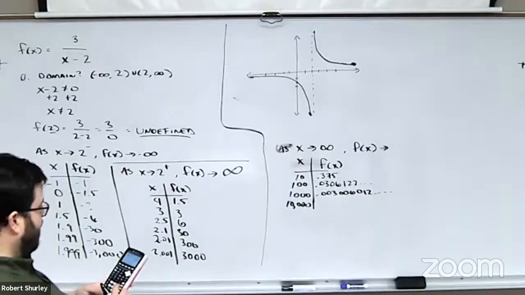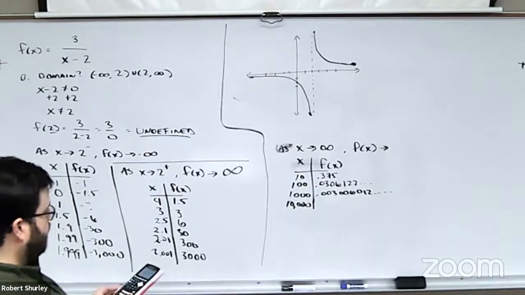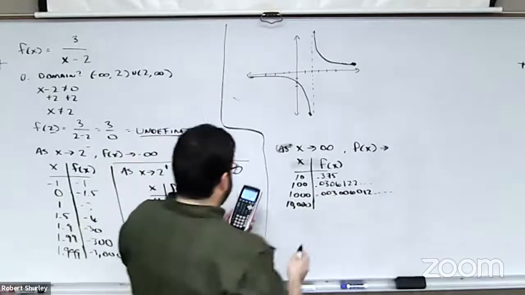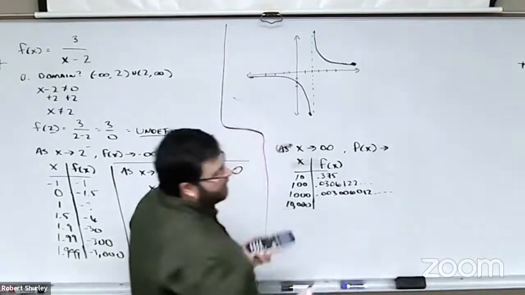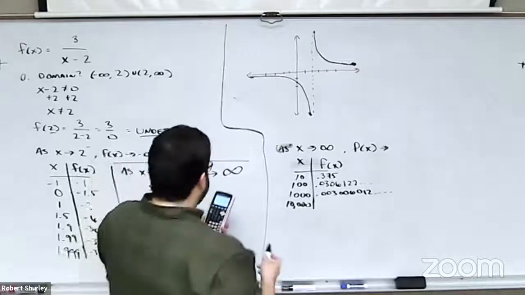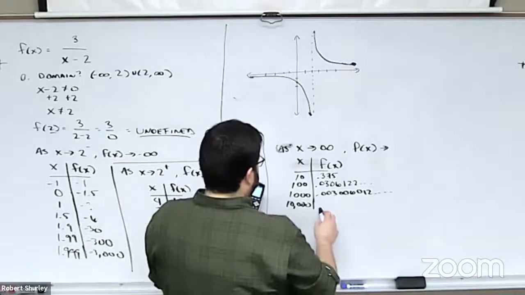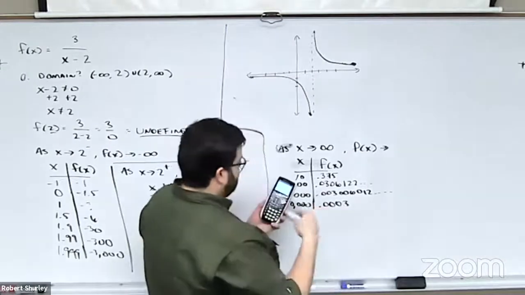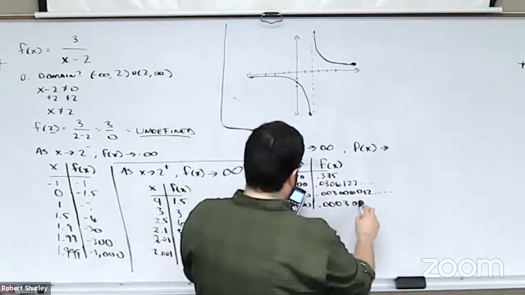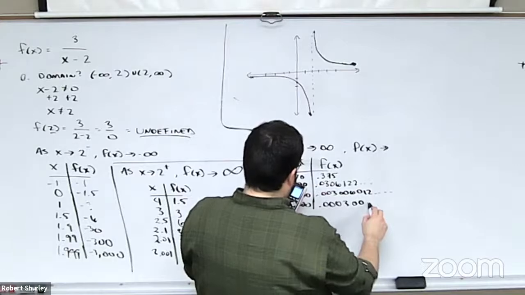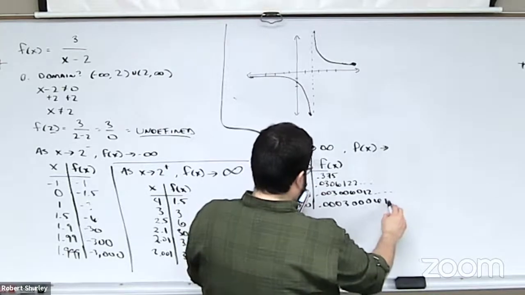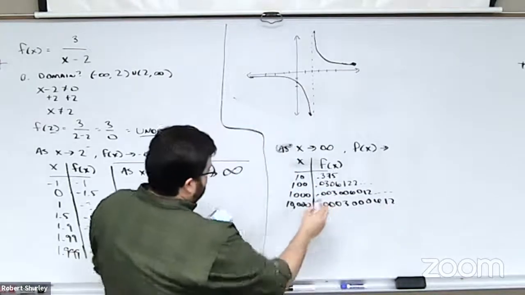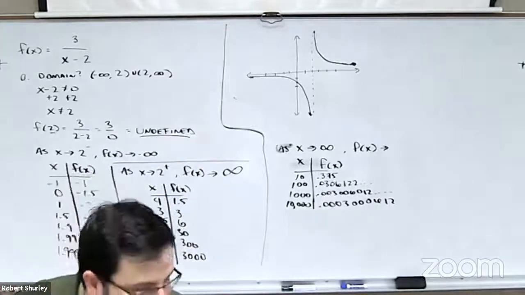So that'd be 3 divided by 9998, right? 9,998. You get scientific form 3.0 times 10 to the negative 4, and what that means is we've got 4 decimal places to the left of 3. 0.0003 0612.